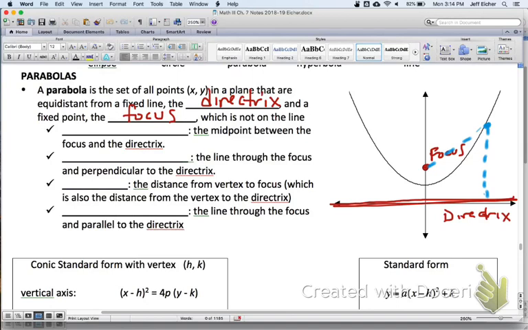A term that you're familiar with is the vertex. The vertex is the midpoint between the focus and the directrix. So this point is the vertex of the parabola, right there. And it is equidistant. This is equal to that distance.